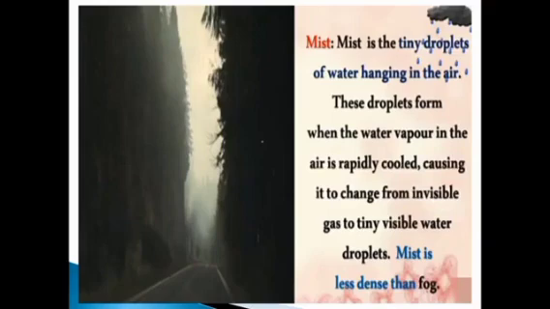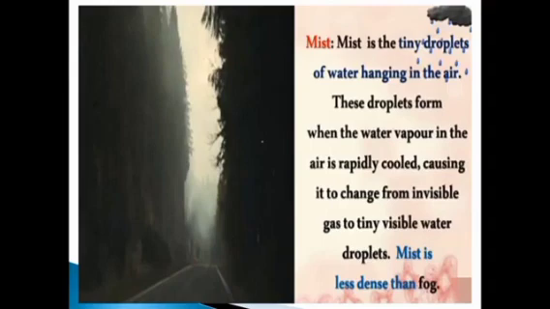Mist is less dense than fog, so the fog is very thick when compared to mist. So students, what is mist? Mist is the tiny droplets of water hanging in the air. These droplets form when the water vapor in the air is rapidly cooled, causing it to change from invisible gas to tiny visible water droplets.